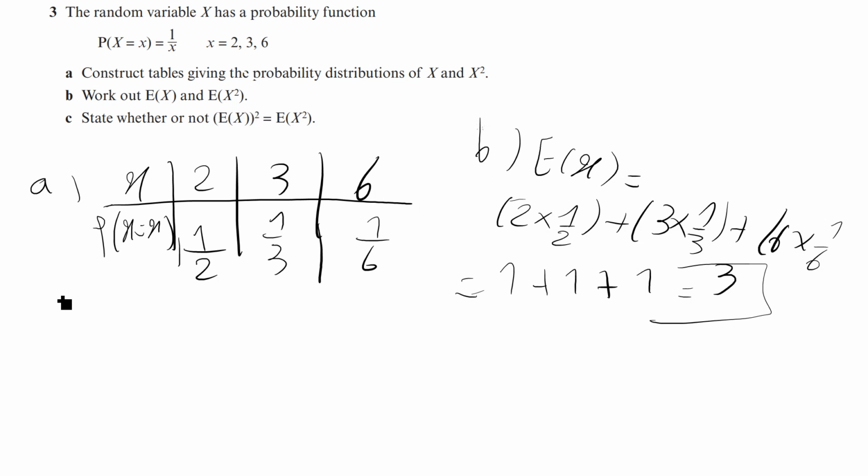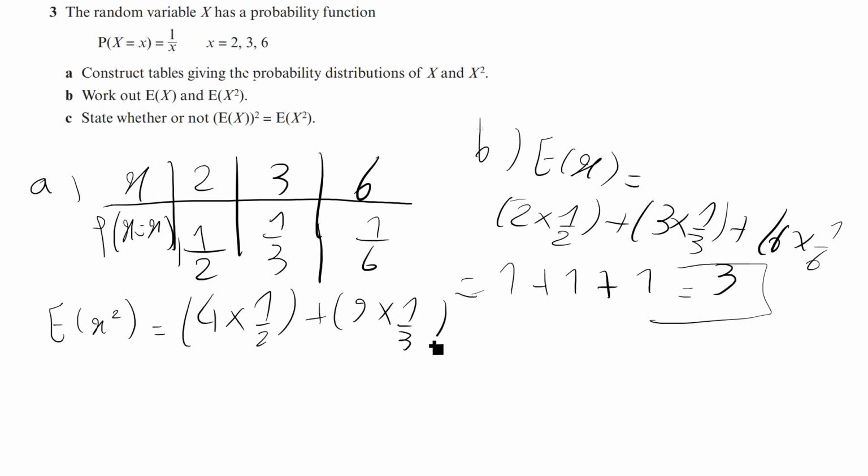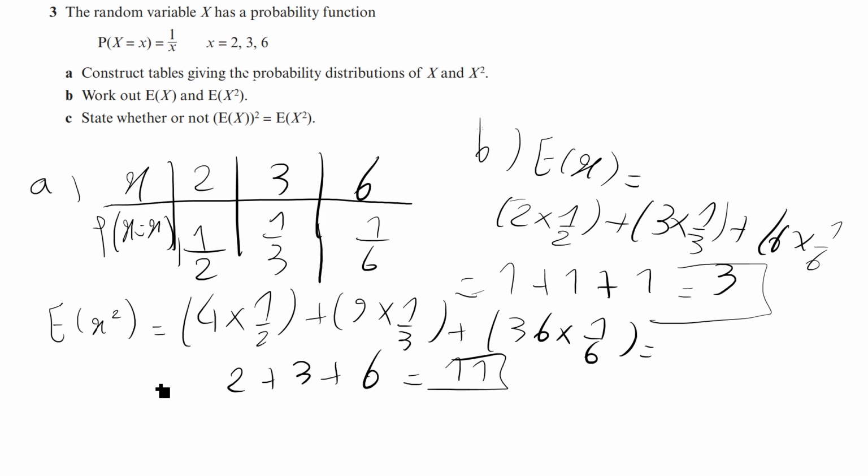So E of x squared is equal to 4 times a half plus 9 times 1/3 plus 36 times 6. Okay, this is equal to 2 plus 3 plus 6 equals 11. Okay, this is part B.